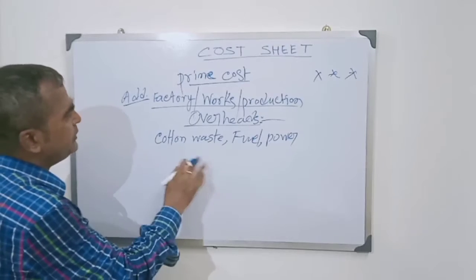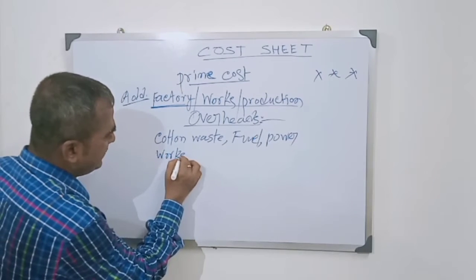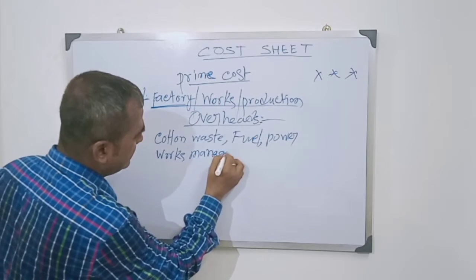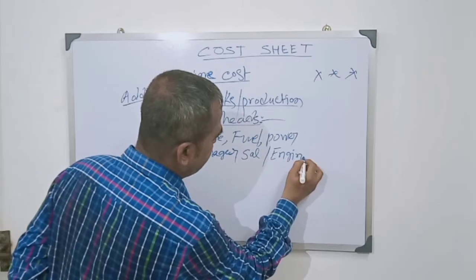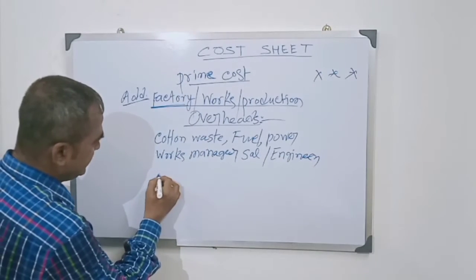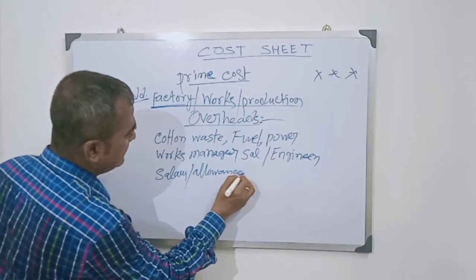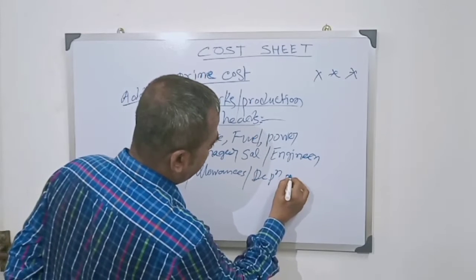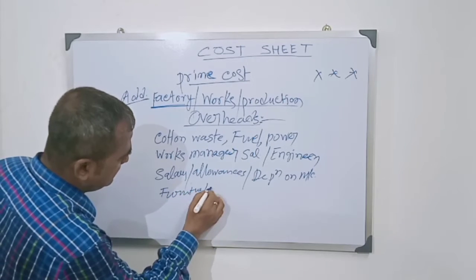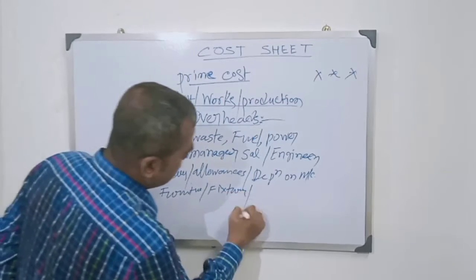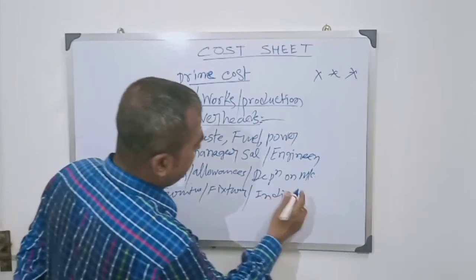All the expenditure which is at the factory place will be accumulated, as well as works manager salary, as well as engineer salary and allowances, depreciation on machinery, furniture, fixtures, or sometimes indirect material.